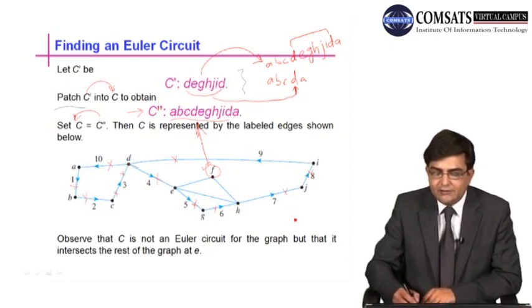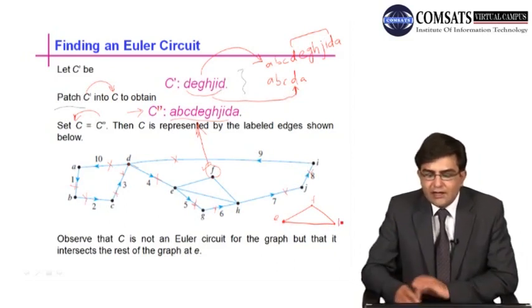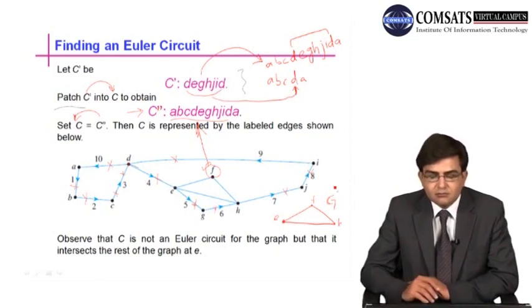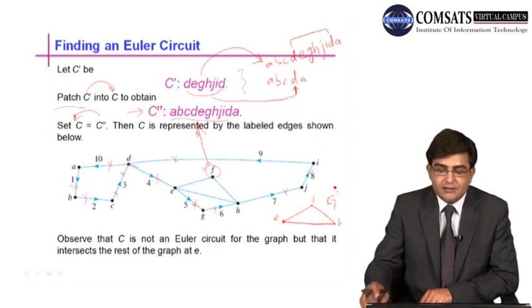We are left with only E, F, H. We call this graph G dash, or you can say G double dash, just to avoid the confusion with G dash.